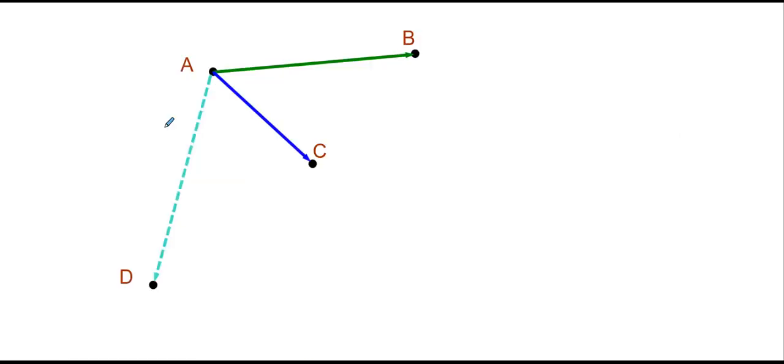You want to be able to use vectors drawn from A to C and A to B, and use scalar multiples of AB and AC to get to point D. Let's see how this would work. I could take a representation of AB and add it to AC.